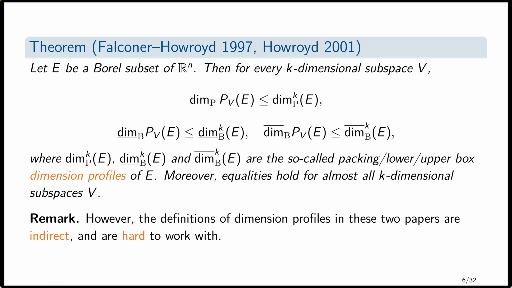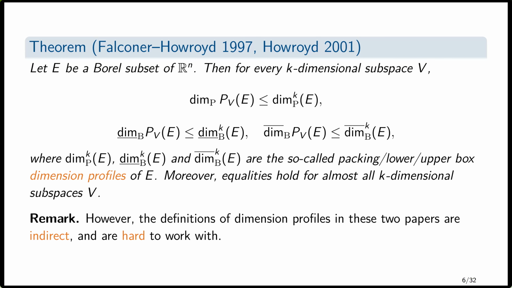And a similar result holds for upper and lower box dimension. Moreover, this is not only an upper bound, but the equality holds for almost all k-dimensional subspaces. So this means that, in fact, they have solved the problem about projections, box dimension, and packing dimension.